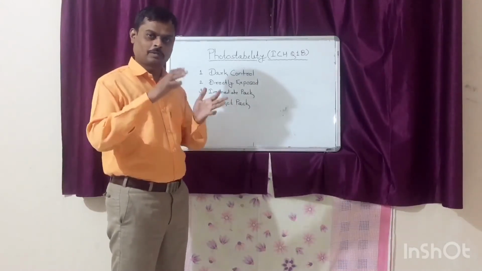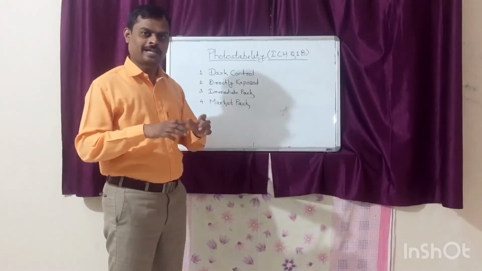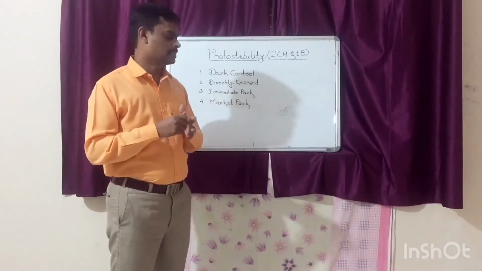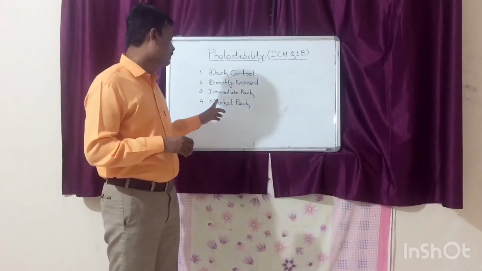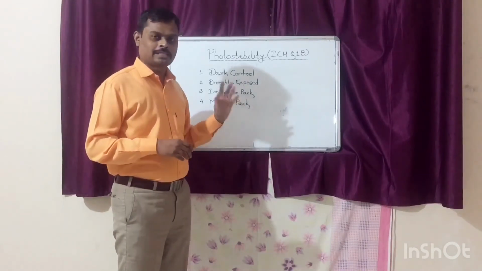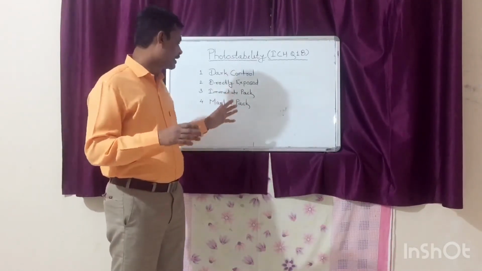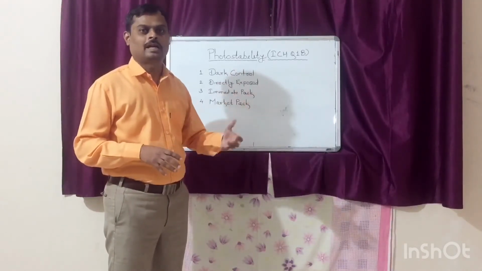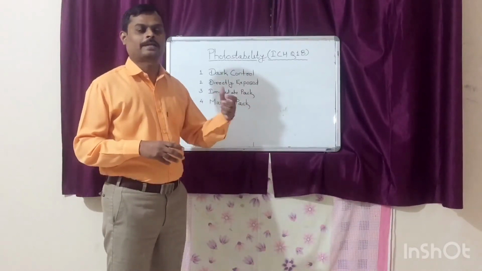In case of tablets, you can expose your tablets in aluminum strips or blisters. The fourth type is market pack samples. It means that in this case you have to expose your samples in their market pack along with their secondary packaging materials.